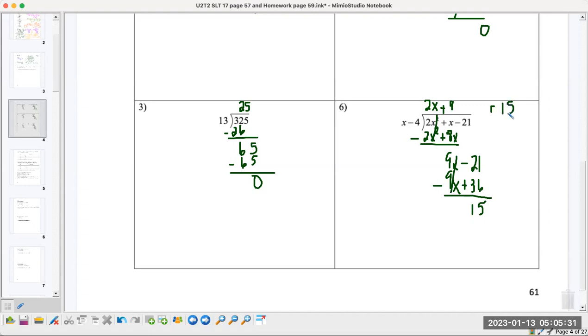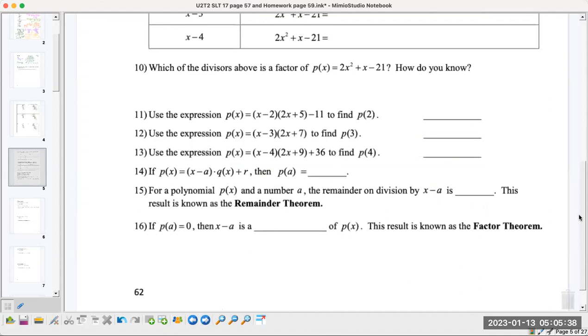All right, now you may have to flip back and forth. We need these answers to answer the next page questions.